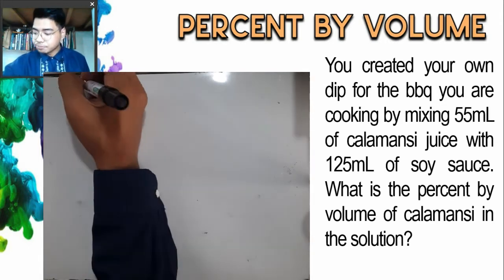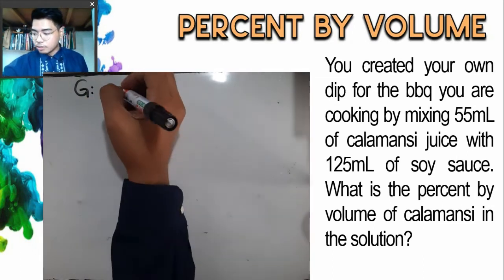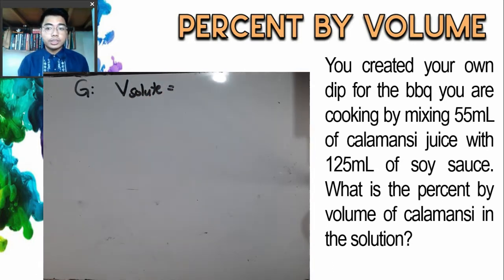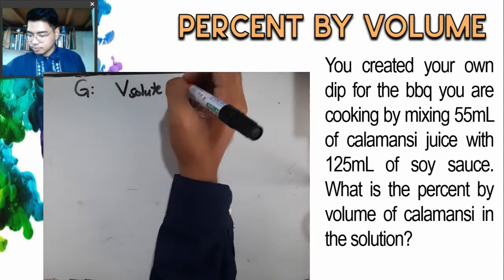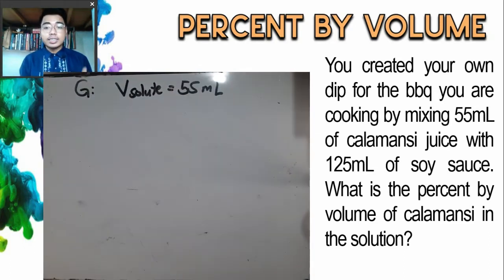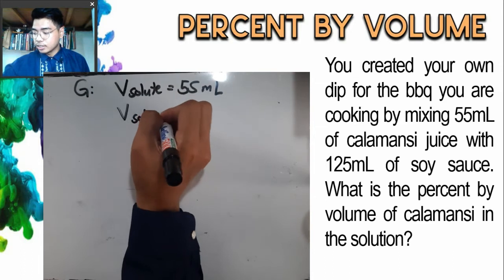Okay? Now, for the given, according to this problem, the volume of the solute, and our solute here is the calamansi juice, is equivalent to 55 ml. And it is mixed with soy sauce, with which they create the solution. So, in the case of the soy sauce, it is your solvent.